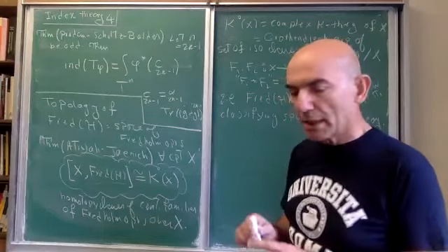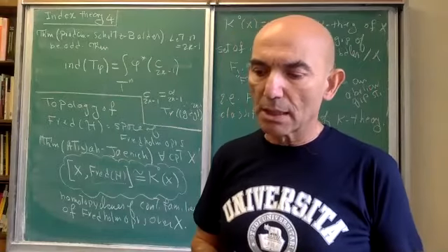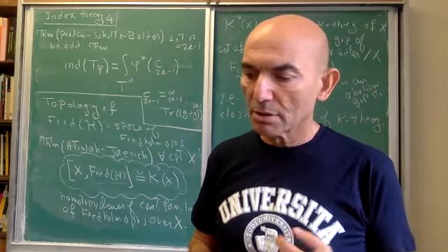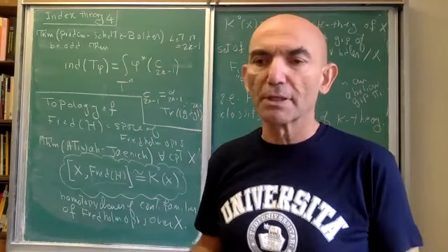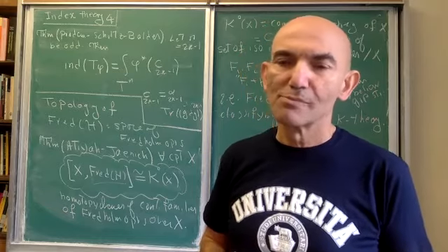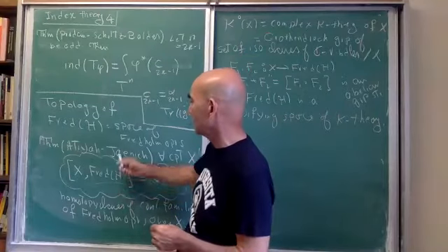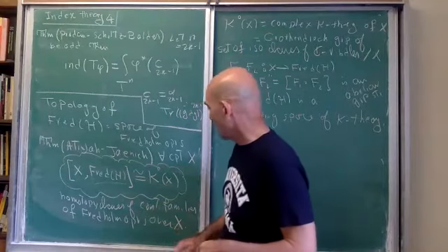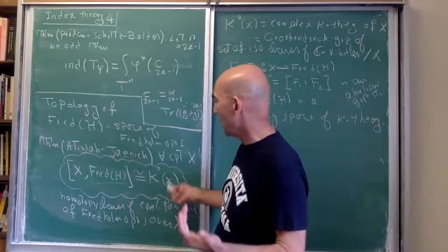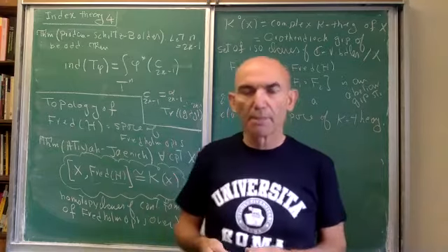Well, all separable infinite dimensional complex Hilbert spaces are isomorphic, so it really doesn't matter. You can define a unitary equivalence between them. Here I'm assuming X is compact, and maybe I should assume it's also separable, but it's not a big deal.